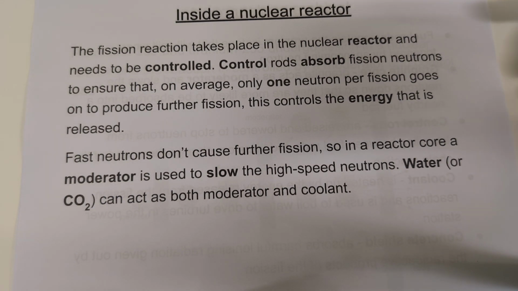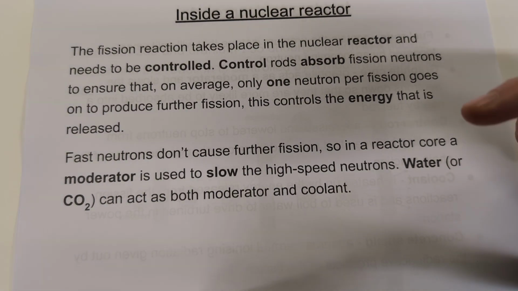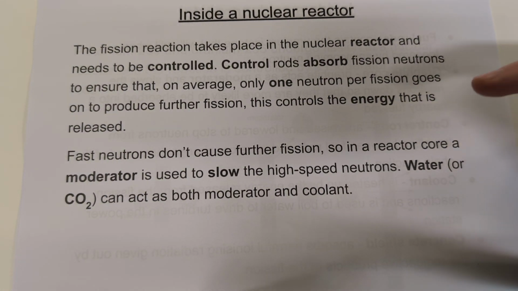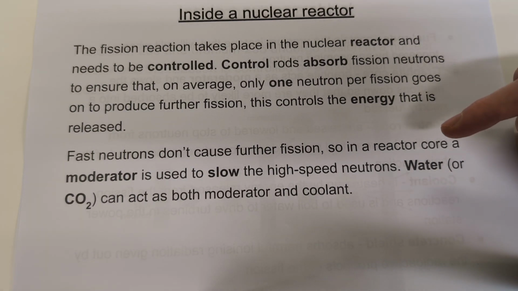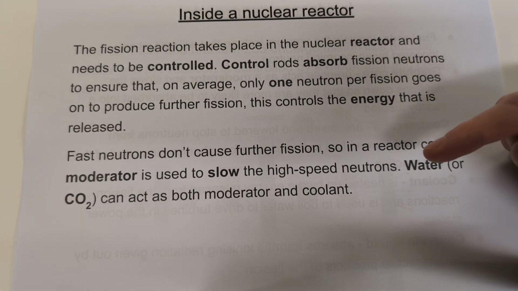If we want more energy, we absorb fewer neutrons with the control rods, and if we want less energy, we absorb more neutrons in the control rods. Fast neutrons don't cause further fission, so in a reactor core, a moderator is used to slow the high-speed neutrons down, and water or carbon dioxide can both act as a moderator and a coolant.